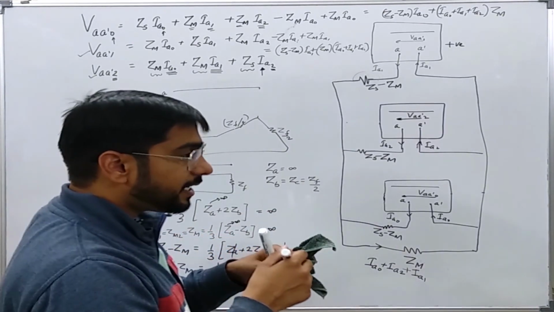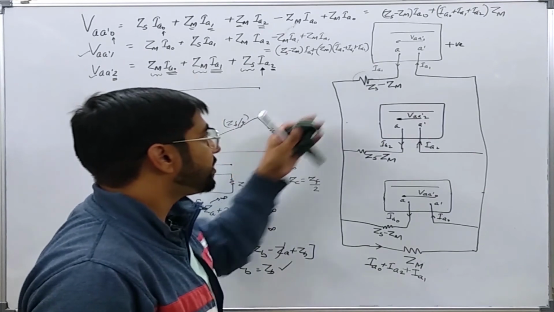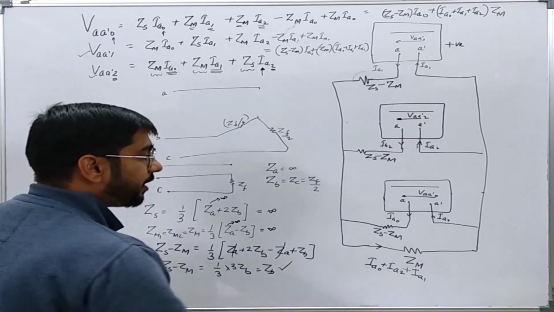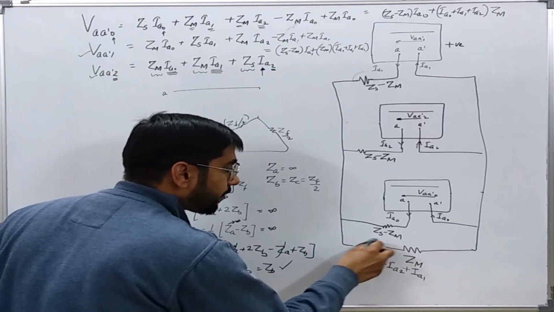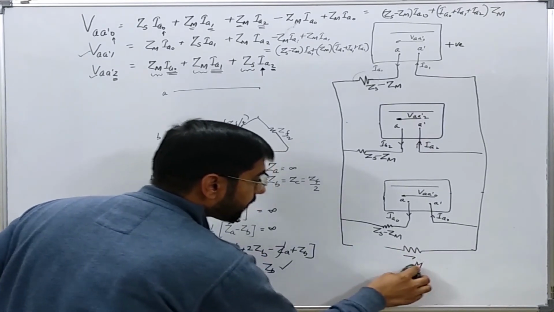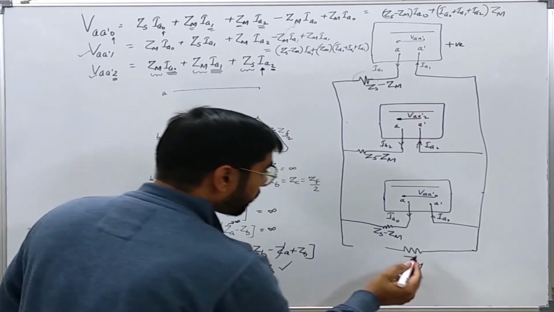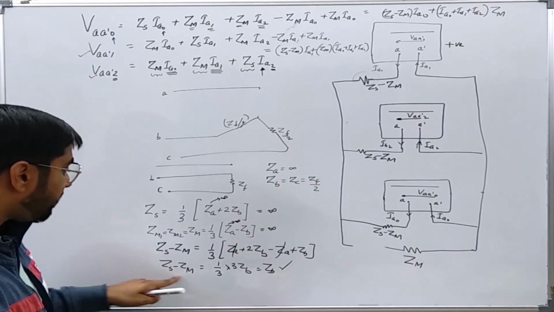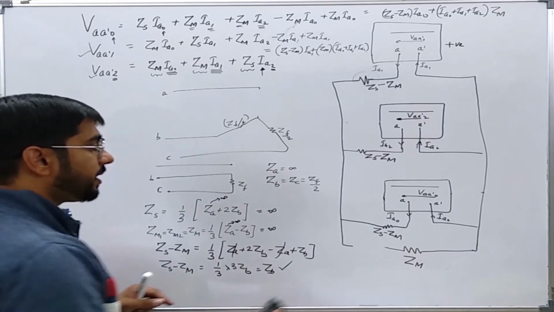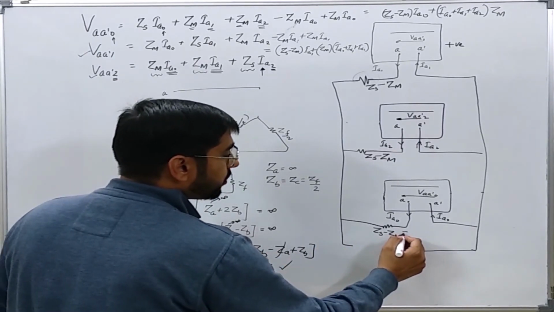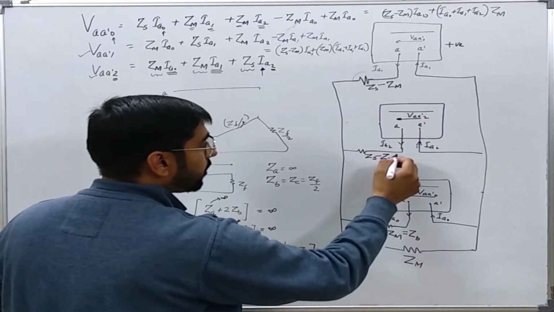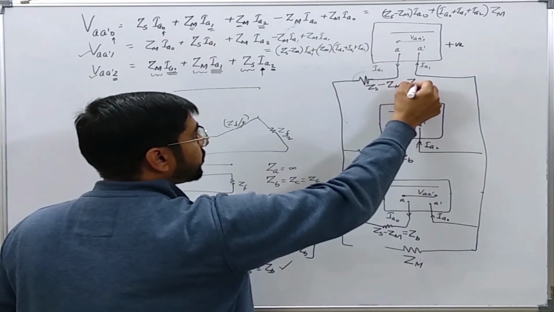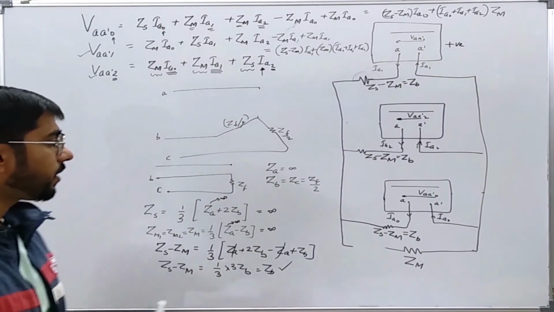So let us see how the circuit changes now. This ZM is infinity, so it will be an open circuit now. However, ZS minus ZM is equal to ZB.